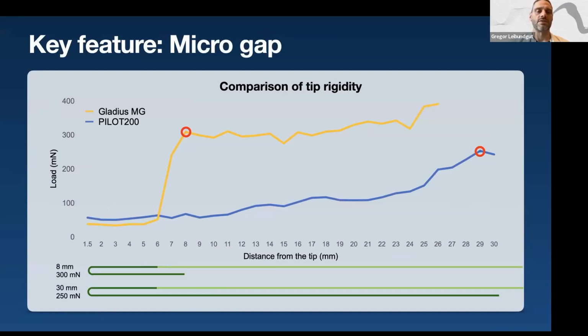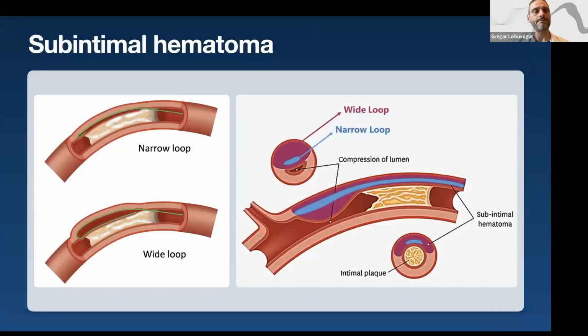Whereas the Pilot 200 has a gradual increase of that load on the core wire, and it will eventually buckle or fold over at one of these spots up to almost 30 millimeter, according to the resistance of your distal plaque and how much you push. So the knuckles can get really big on Pilot and also on the Gladius EX.